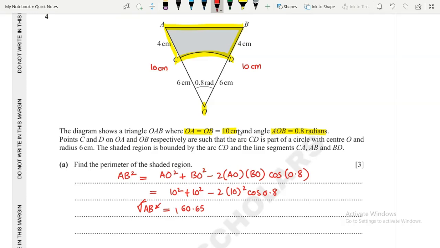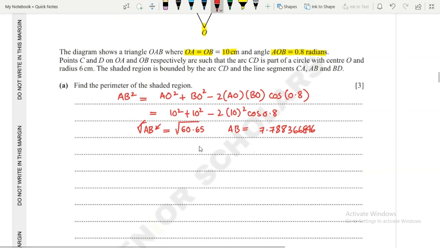So AB will be equal to, just calculate this, 7.78. It is much better that you take it to more significant figures so that there is less deviation in your answer from the correct answer. So it will be 7.7883668846. Now we have found the AB.